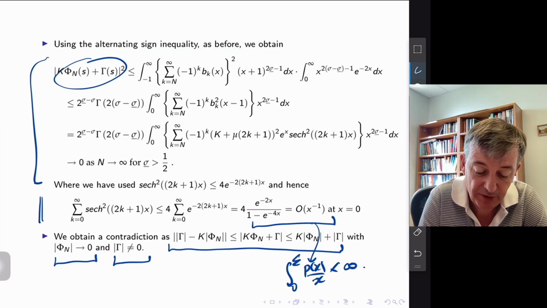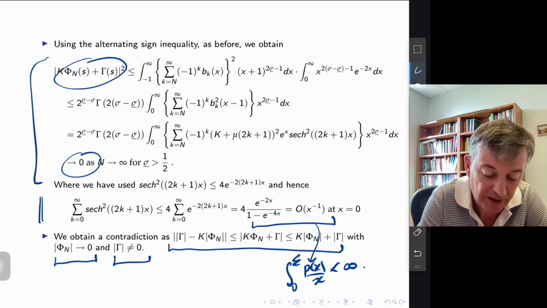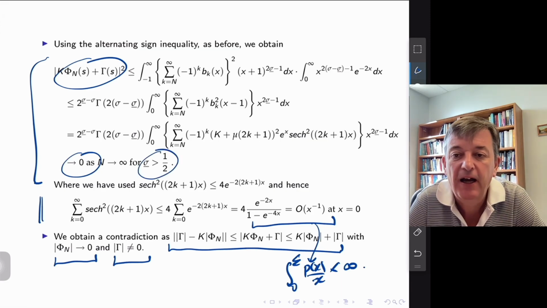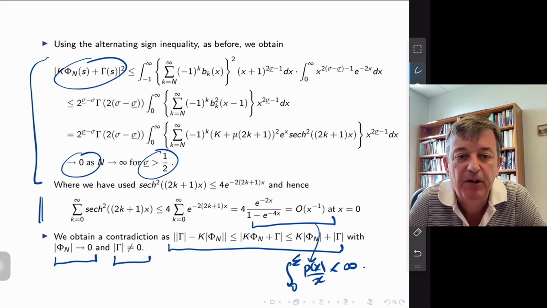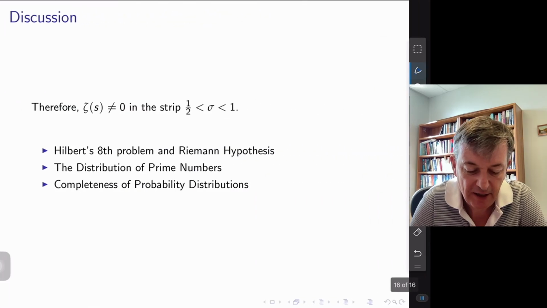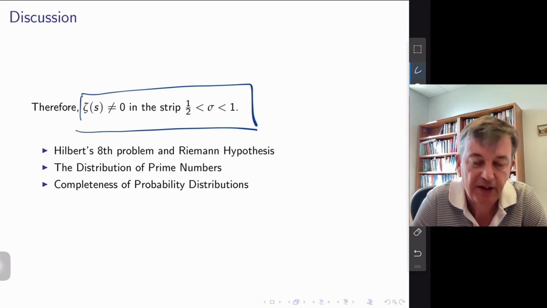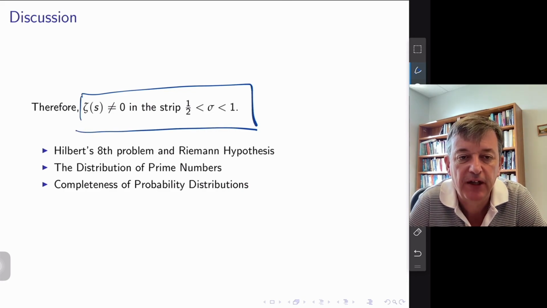As I said, devil in the details for checking whether you can bound these things to 0 in the strip when sigma goes from 1/2 to 1. But I think you get the idea that the completeness approach to the Riemann hypothesis is an interesting one. Let me summarize. The idea is to show by contradiction that the zeta function couldn't have any zeros off the line.